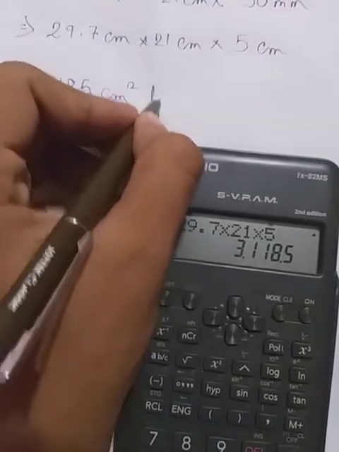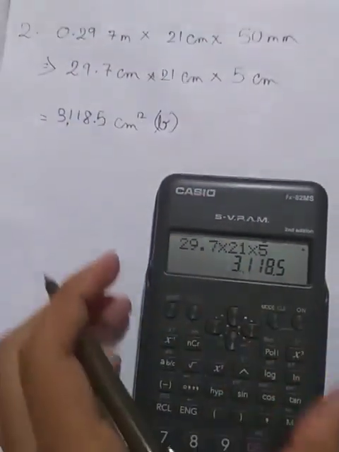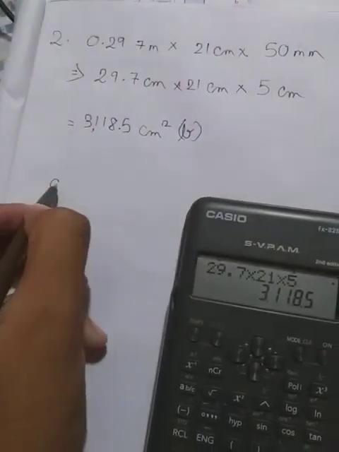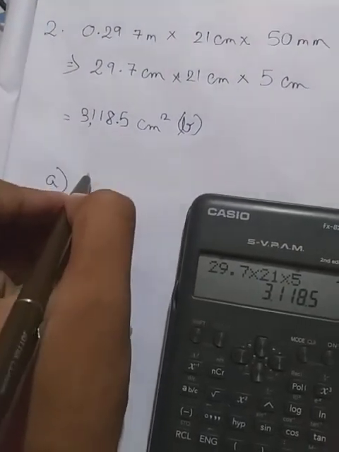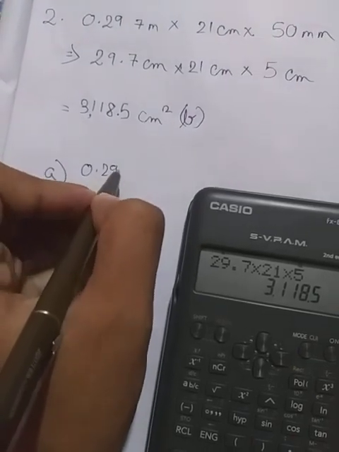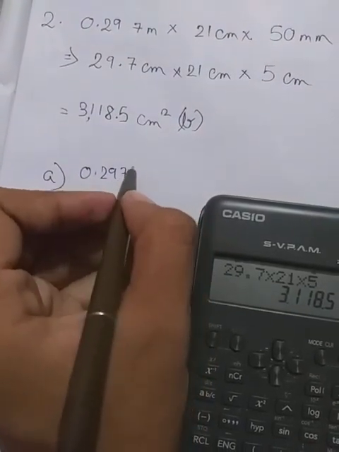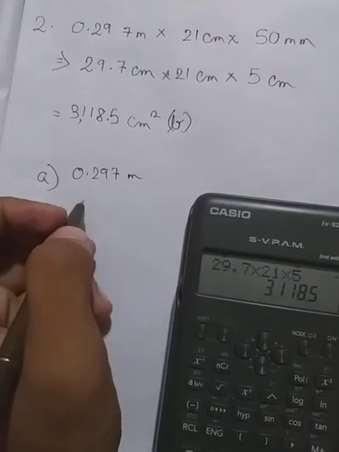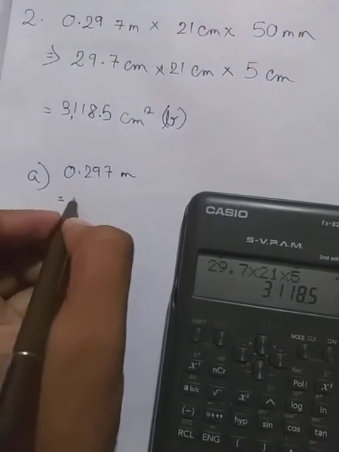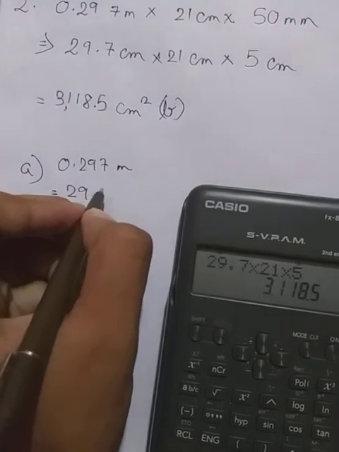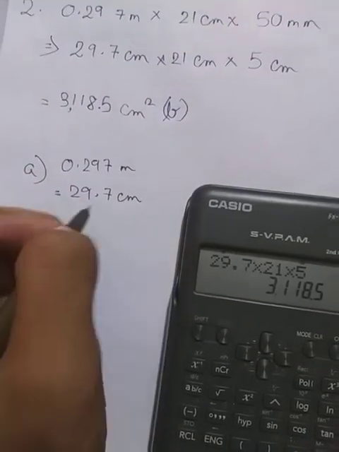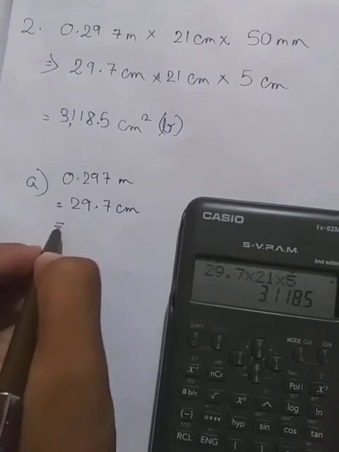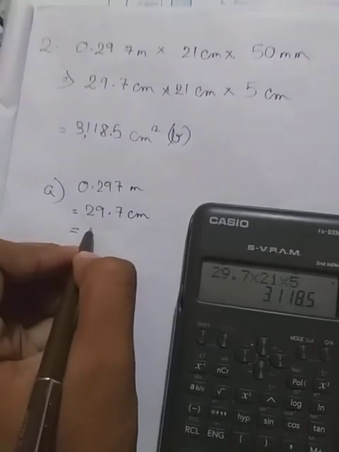This is answer B. So we need to find the thickness. So for A, 0.297 is the thickness or the height. It is in meter. Okay, so let us convert to centimeter for general purposes. Now divide it by 500 because there are 500 sheets of paper.